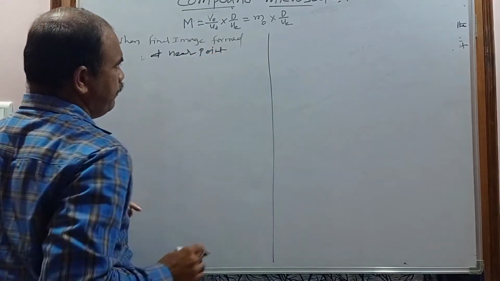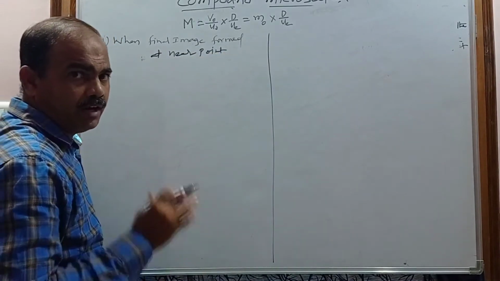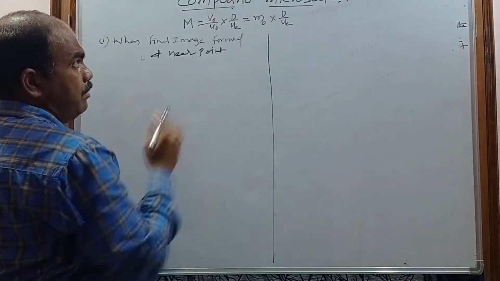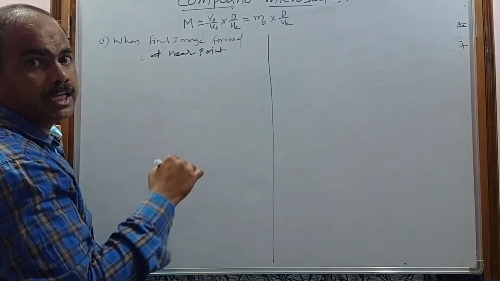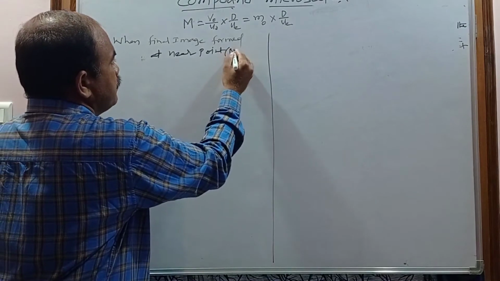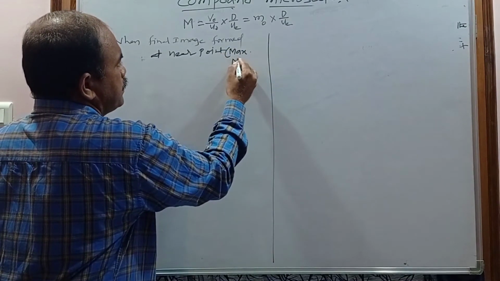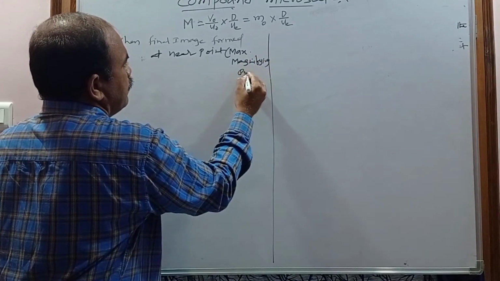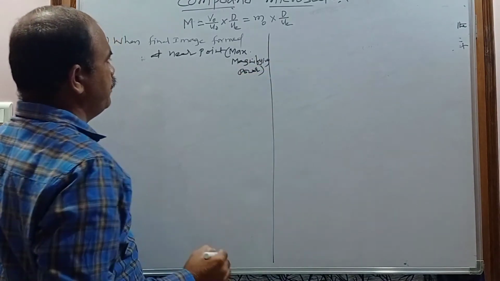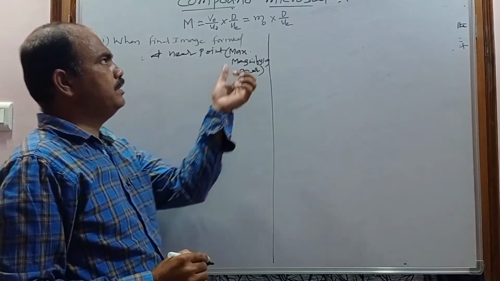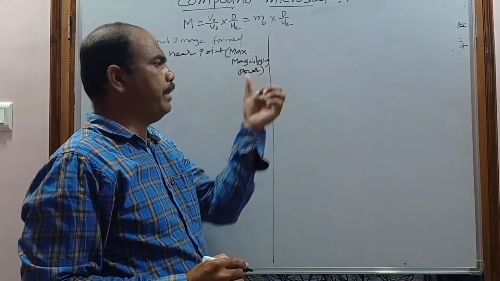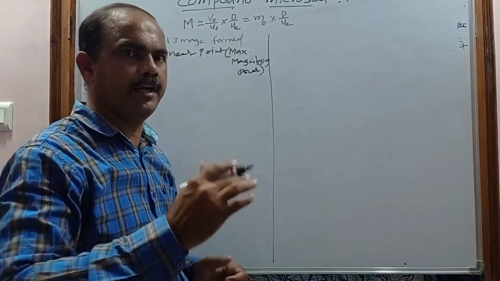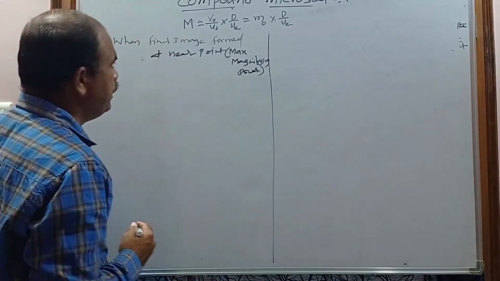So if the final image is formed at the near point, our eye will be strained, but the compound microscope has the maximum magnifying power. Remember, the eye will be strained.